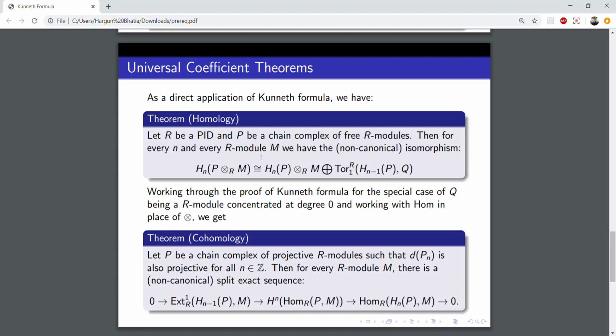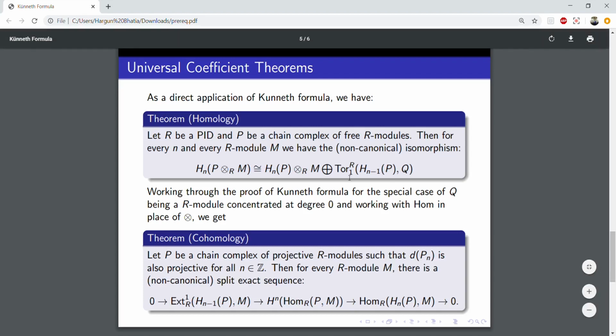Since I'm working with a PID and these are free modules, I can apply the second part of the Künneth formula to get not only an exact sequence but a split exact sequence. So this gives me this non-canonical isomorphism, the relationship between these two homologies, the homology of P tensor M with the homology of P.